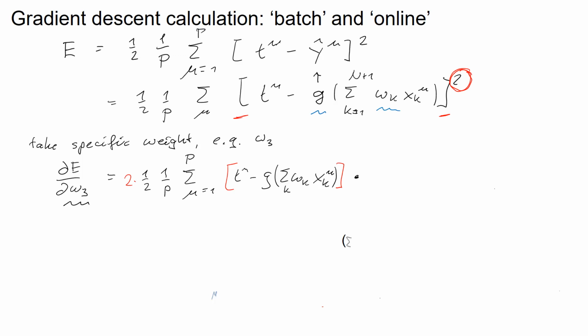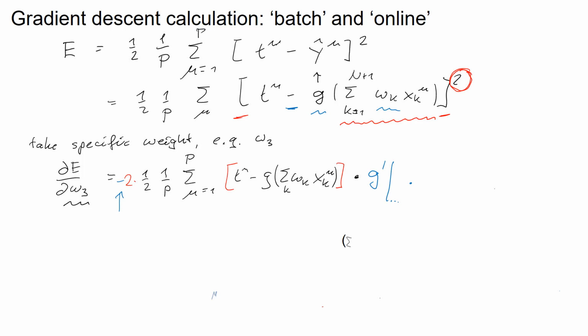So I have a g prime evaluated at this location. And then I have a minus sign, which I put down here. So this is the minus sign. And then I have to take the derivative of what's inside this g function with respect to w3.